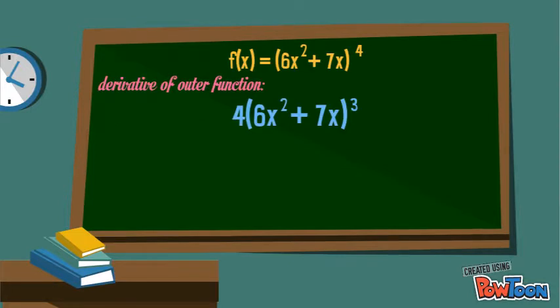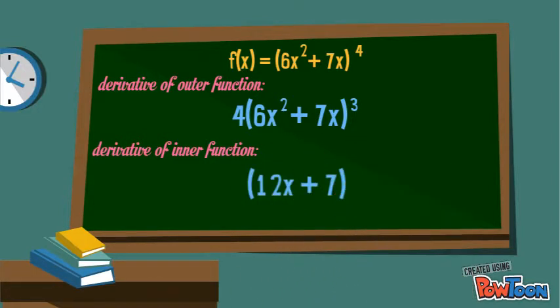Find the derivative of the inner function 6x^2 + 7x by applying the power rule. Multiply 2 to 6 and subtract 1 from the exponent, then it becomes 12x. Multiply 1 to 7 and subtract 1 from the exponent, garnering 7, then apply the sum rule.